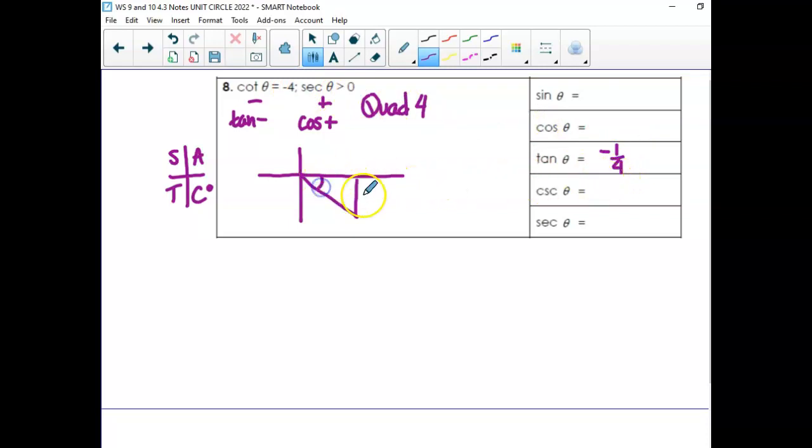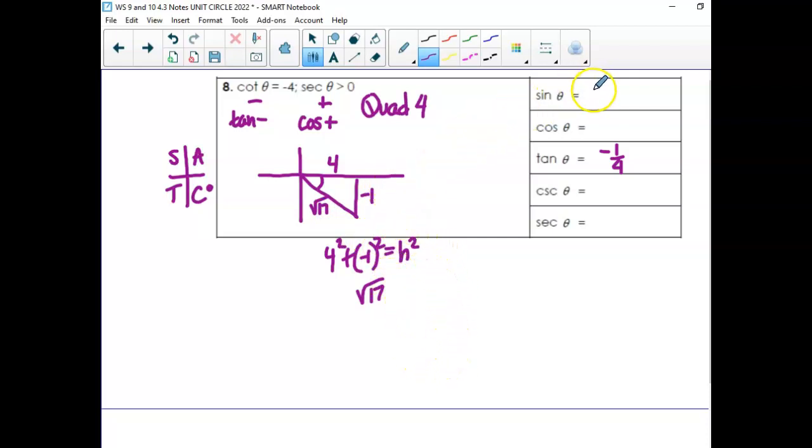So from this angle, opposite over adjacent. Can anybody tell me what the hypotenuse would be? 4 squared, 1 squared. I'm thinking square root of 17. Is anybody agreeing with me? Let's do one more function and be done.